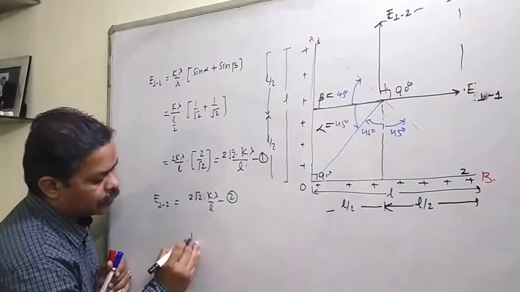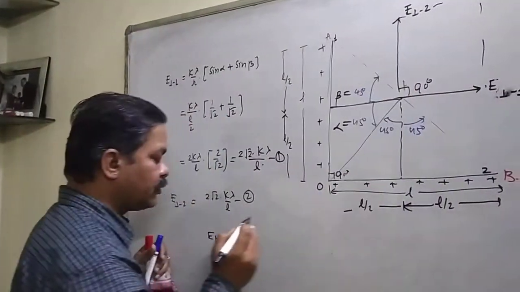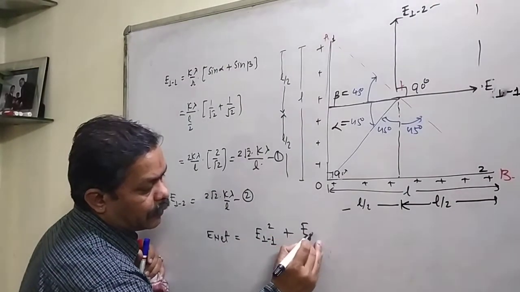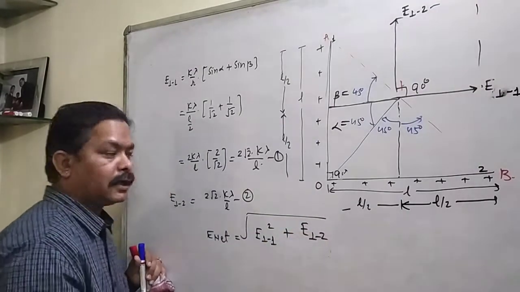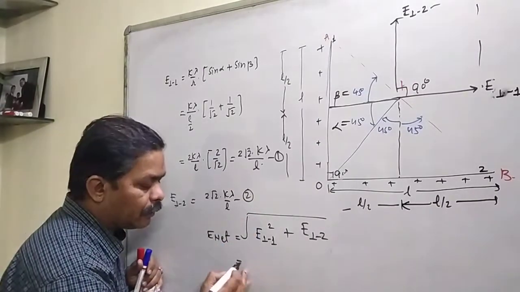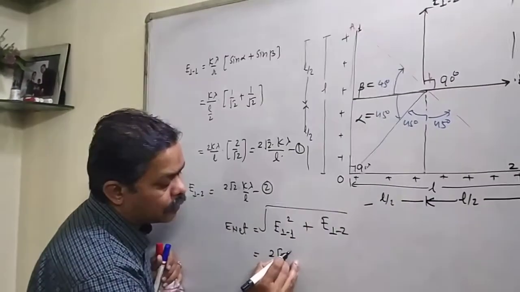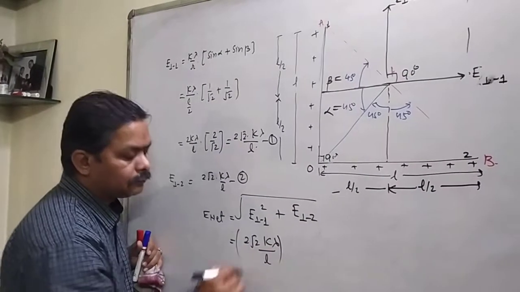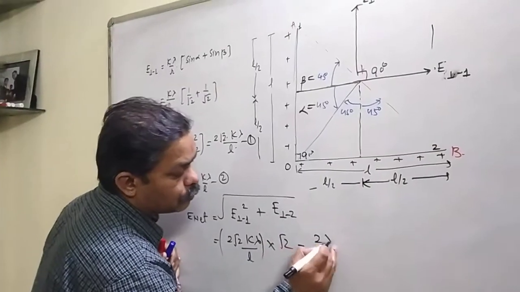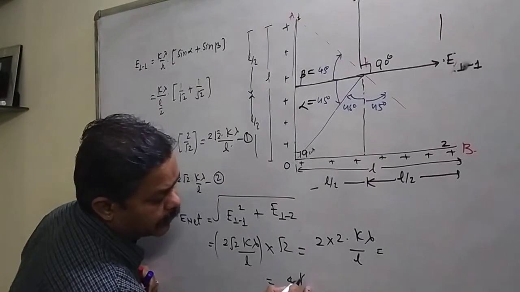So E net, because these two are perpendicular to each other, is the square root of E perpendicular due to 1 squared plus E perpendicular due to 2 squared. Since these two components are equal in magnitude and perpendicular, just multiply either one by root 2. 2 root 2 K lambda upon L multiplied by root 2 gives 2 into 2 K lambda by L. So the answer comes out to be 4 K lambda upon L.